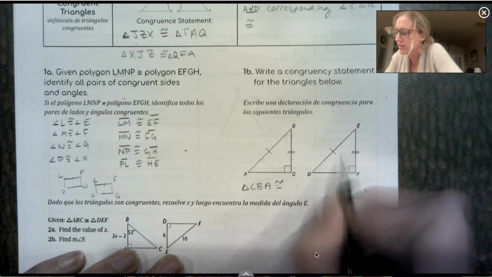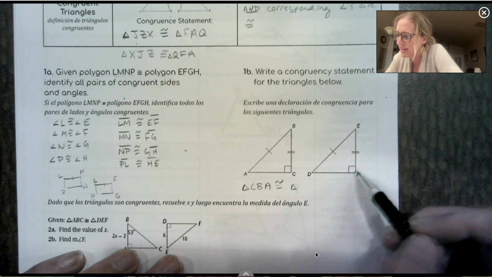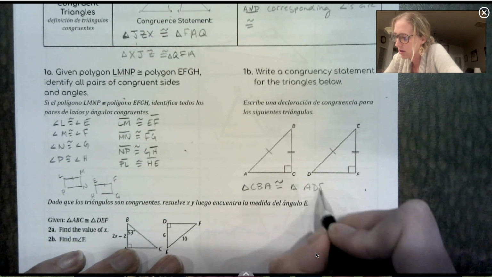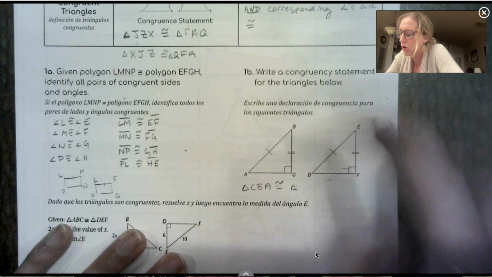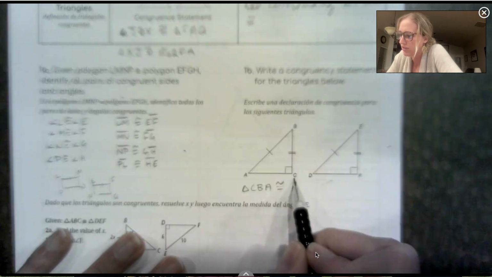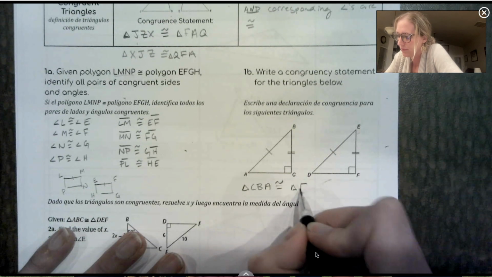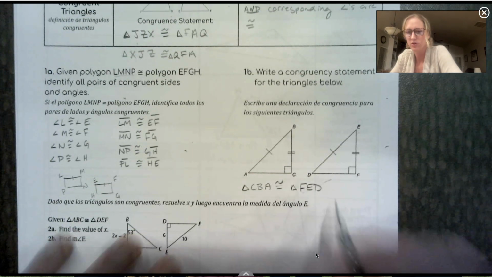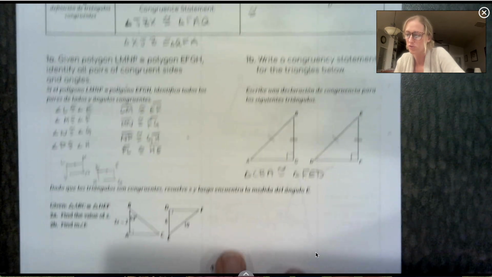I want to name this one in that same order. So I could not do ADF, that would not work, okay? Has to be in that same order. So if I did C, then B, then A, I would want to do F, E, D. And that's a congruency statement stating that those 2 triangles are congruent, lining up those matching parts.